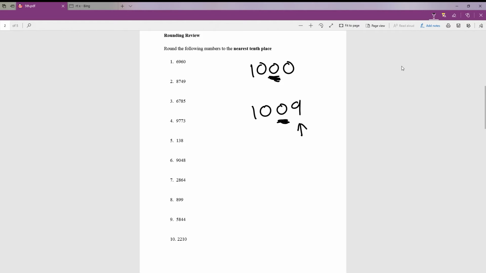If the digit has 5 or up, you round up. If it has 4 or less, you round down. So here we have 9, and 9 is above 5. So 1009 rounded to the nearest tenth place is 1010.